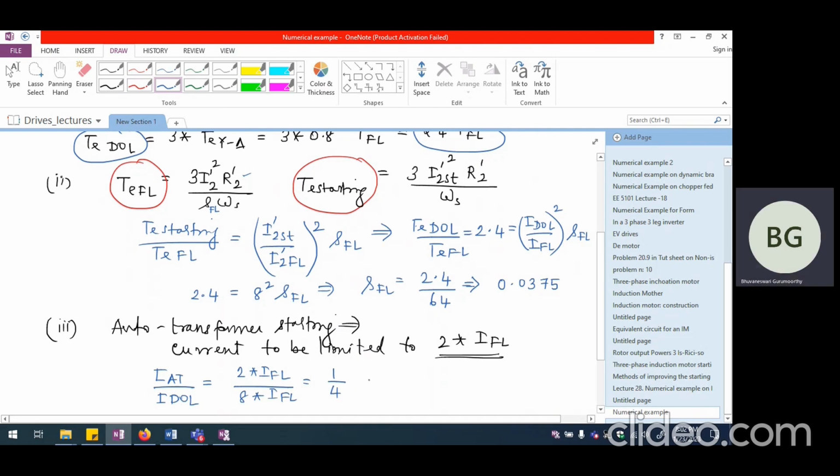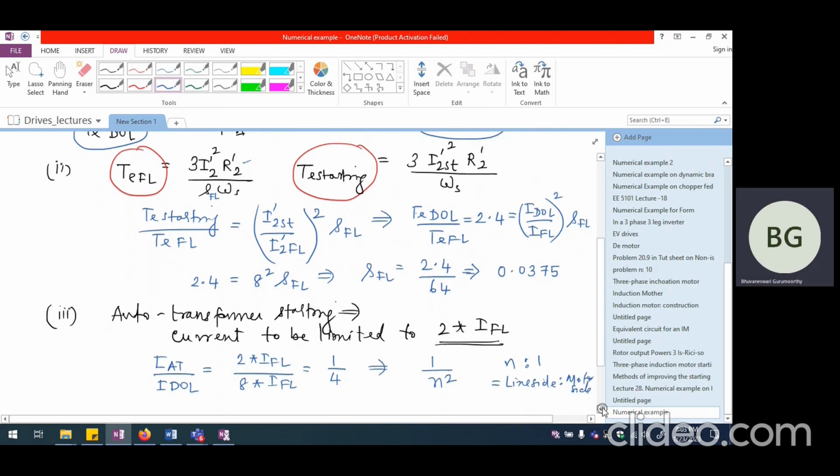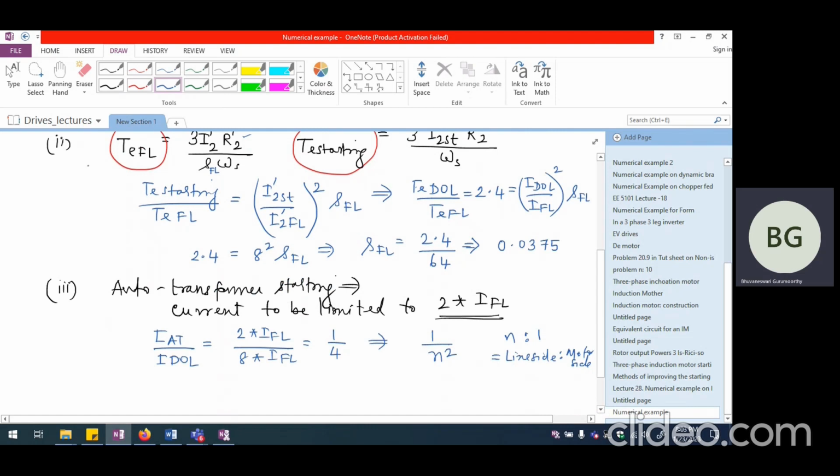And we said that auto transformer starting is going to limit the current to 1 by n square times, if the turns ratio is in such a manner that n is to 1 is equal to line side to motor side. This is what we said. So very clearly in this particular case, we should have the turns ratio to be 2:1. This is going to be the turns ratio of the variac or auto transformer that we need to use.